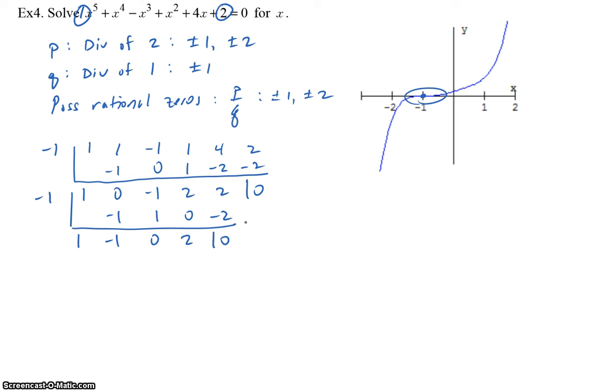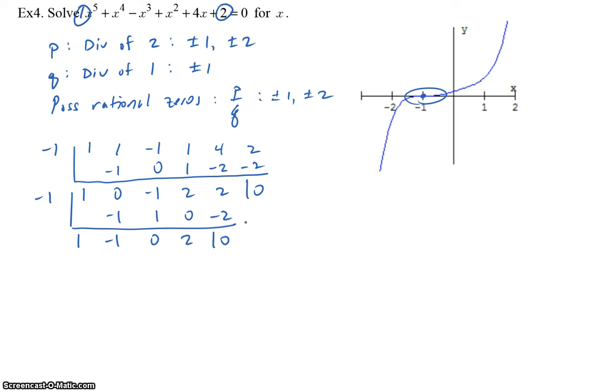The reason I know that is that the graph flattens as it goes through, but it doesn't just touch at -1, it actually crosses through the x-axis. And that only happens when the multiplicity of the 0 is odd. So this could not be an even multiplicity 0.